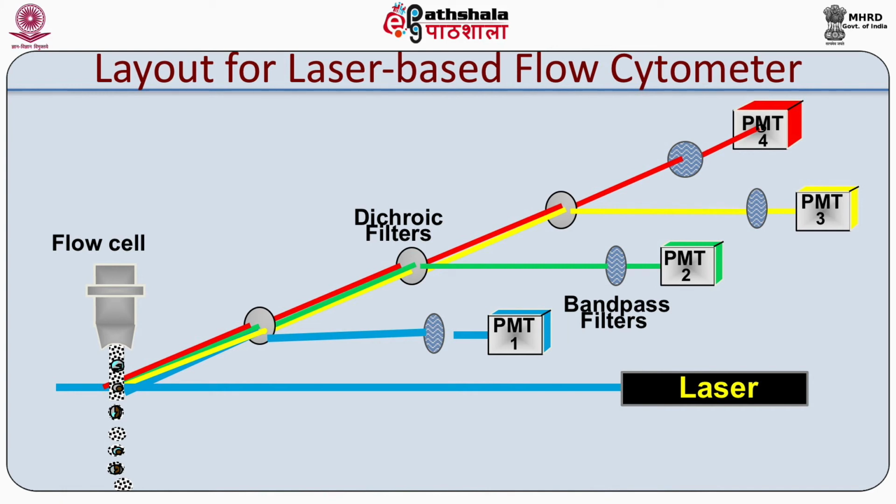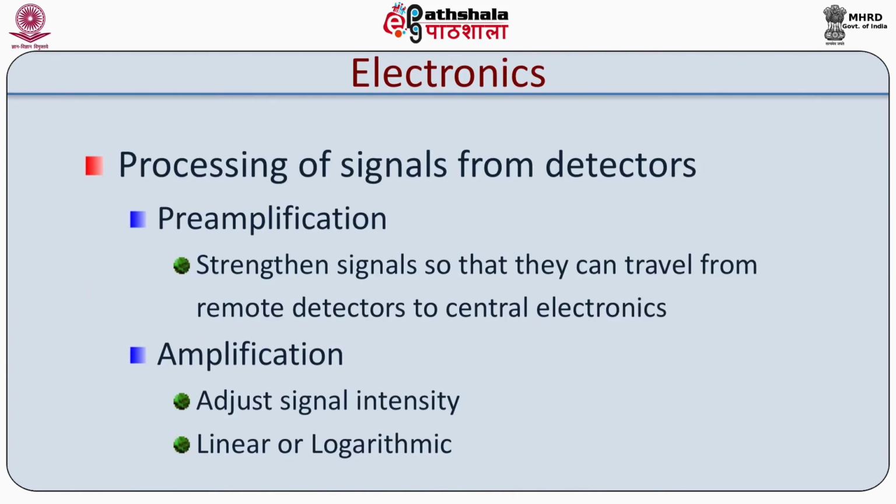The voltage pulse is created as the particle enters the laser beam and starts to scatter light or fluoresce. Once the photons of light strike one side of the PMT, they are converted into a proportional number of electrons that are multiplied, creating a greater electrical current. So, the two steps in processing signals from detectors are pre-amplification and amplification.